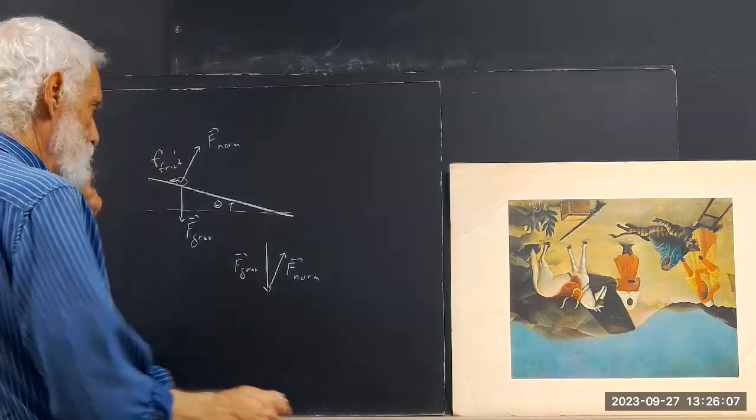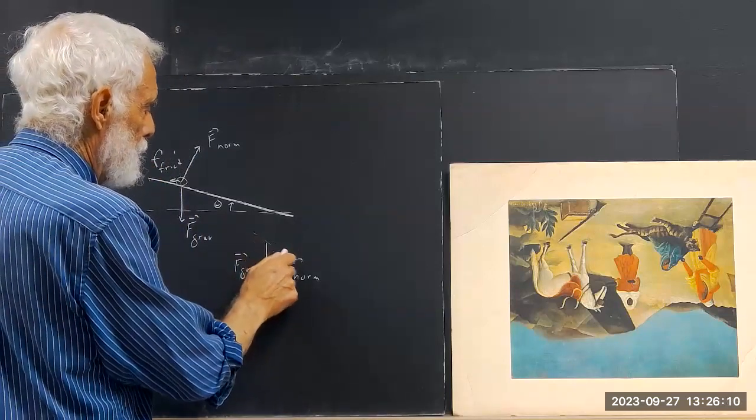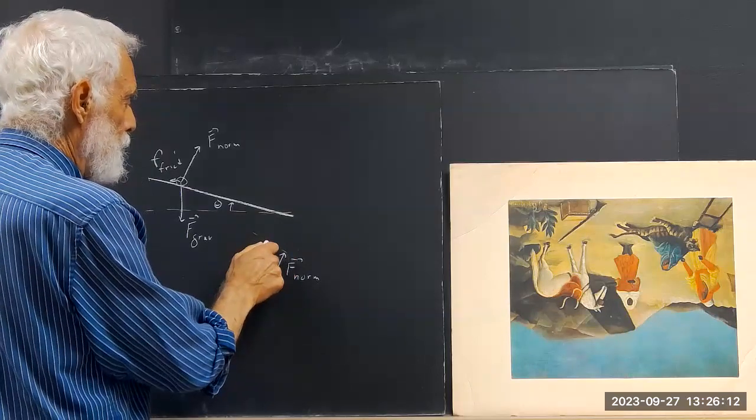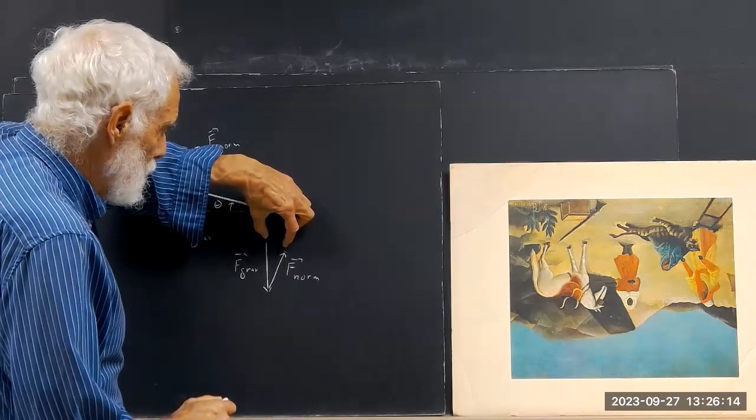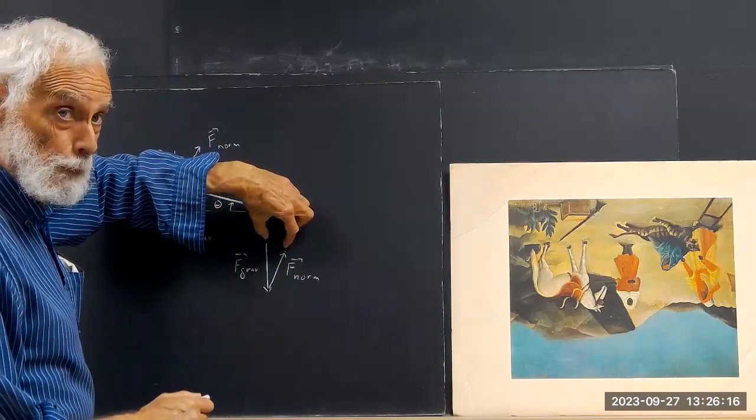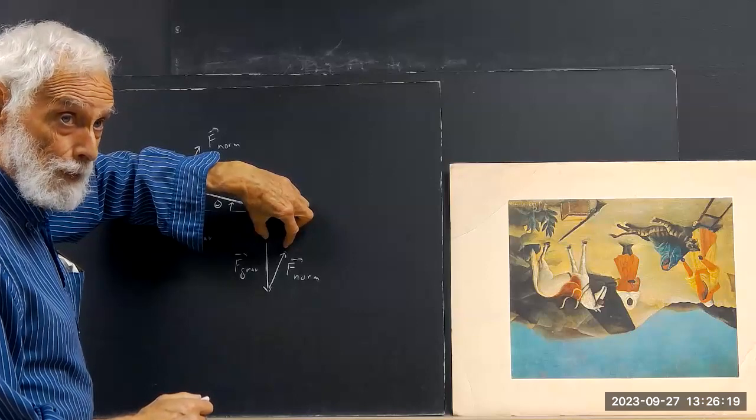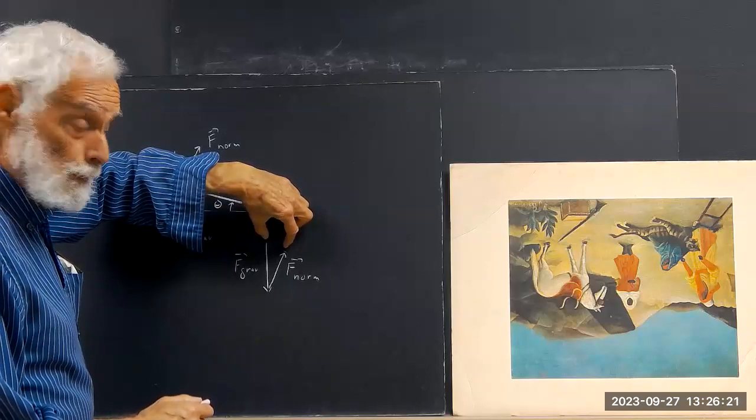Frictional force has to be along the same line as the sum of these 2 forces, because the sum of these 2 forces is in the direction along the incline.